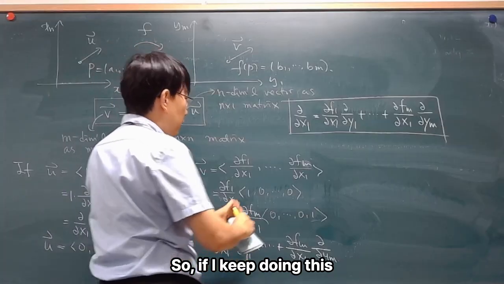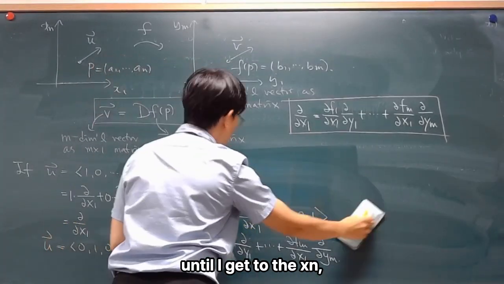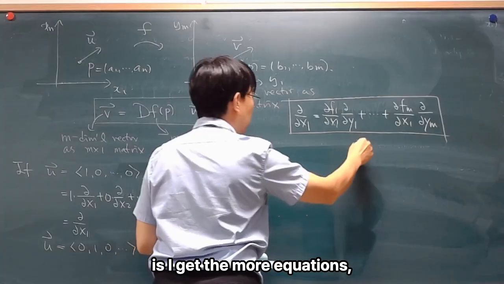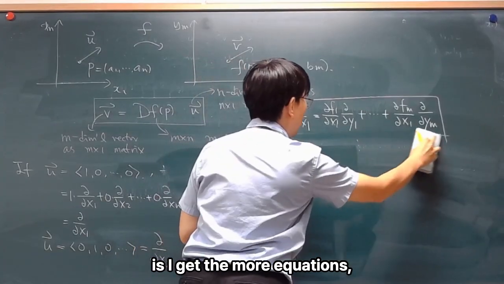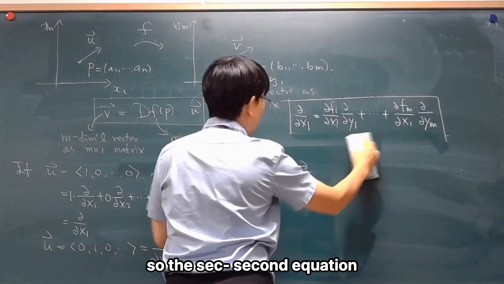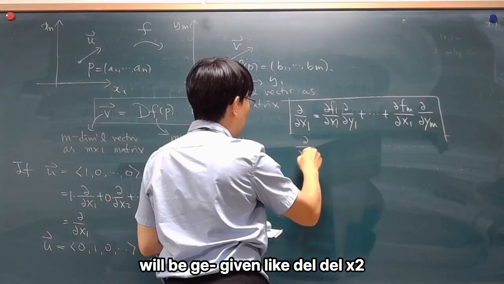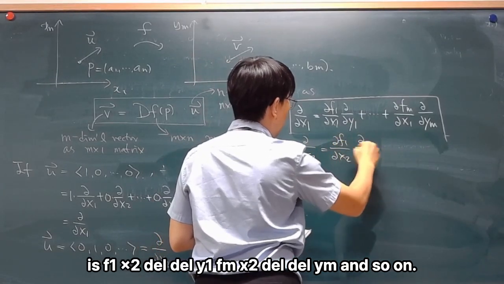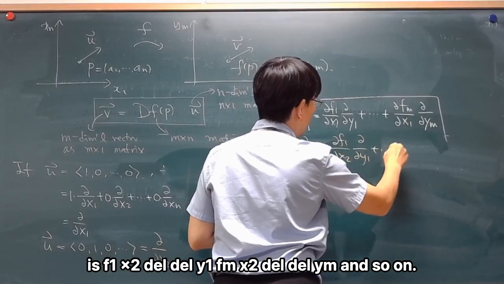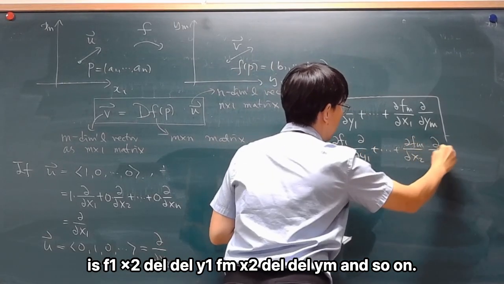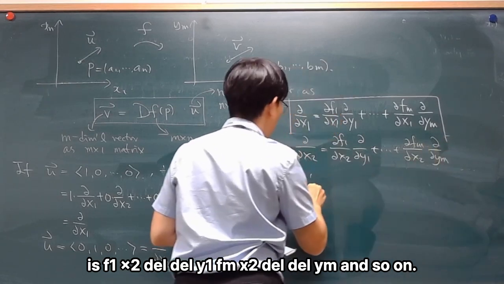So if I keep doing this until I get to xn, then I get more equations. Actually, I get m equations. The second equation will be given like del del x2 is del f1 del x2 del del y1, up to del fm del x2 del del ym, and so on.